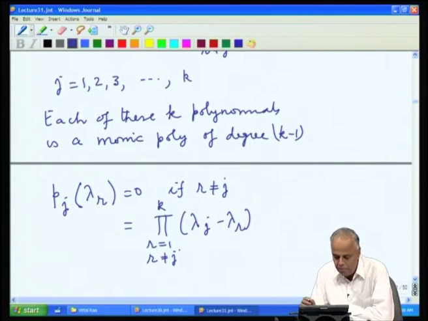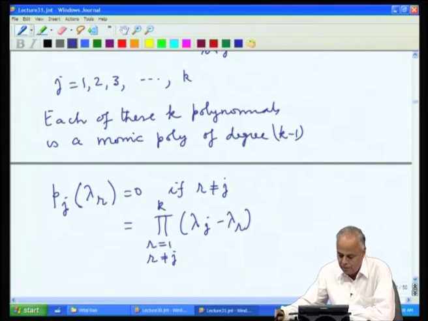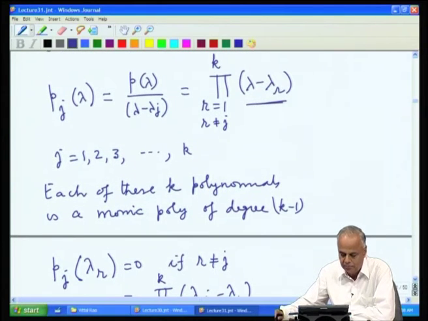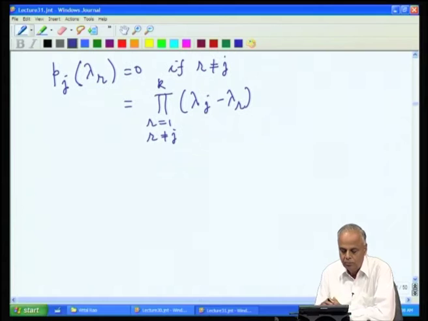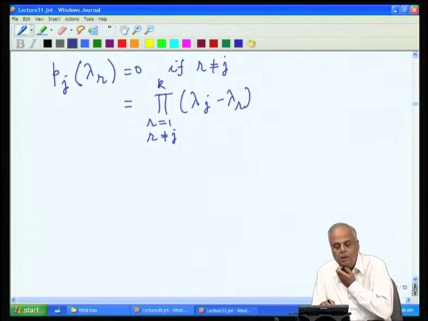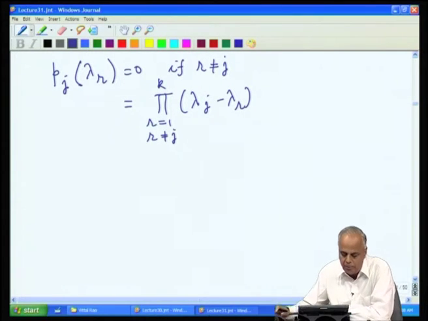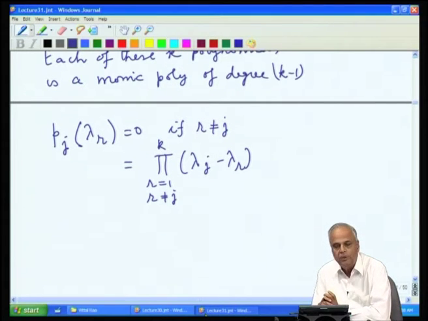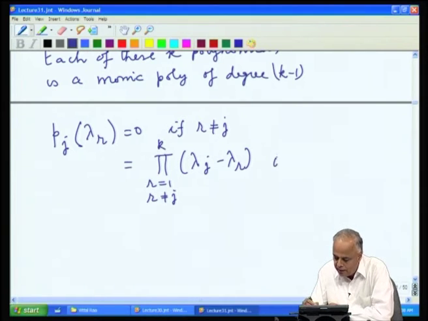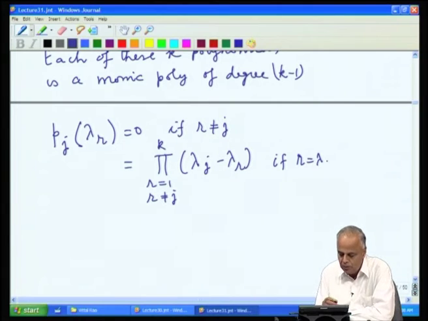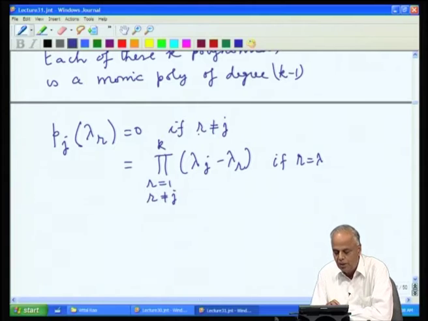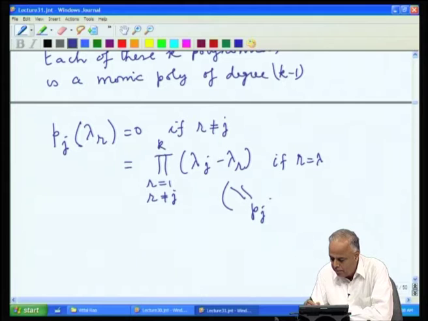It is actually p j of lambda j. Now, we have this polynomial p j which vanishes at all these points except at lambda j, where it takes this value. So, this is p j of lambda r is 0 if r is not equal to j, and this is p j of lambda j.